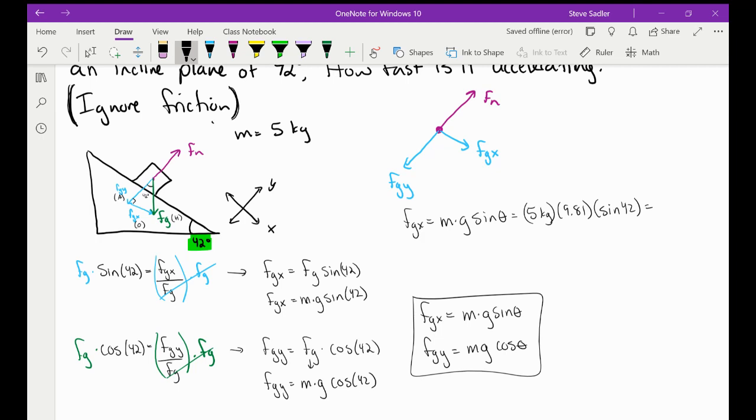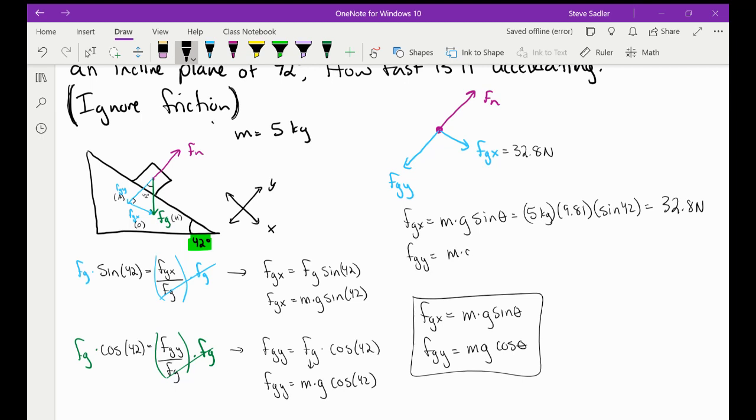Which is, I've got my calculator here, 5 times 9.81 multiplied by sine 42 gives me 32.8 newtons. So FGX is 32.8 newtons.